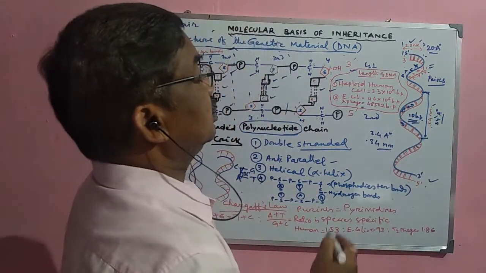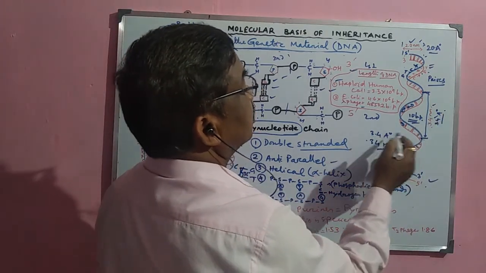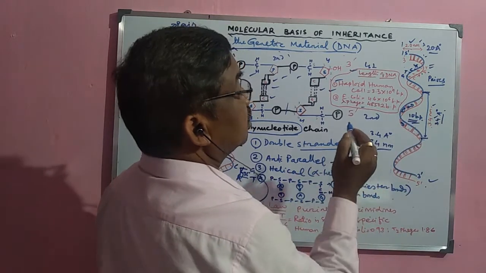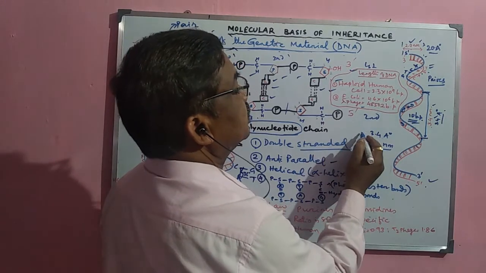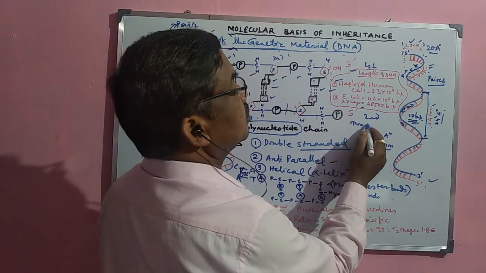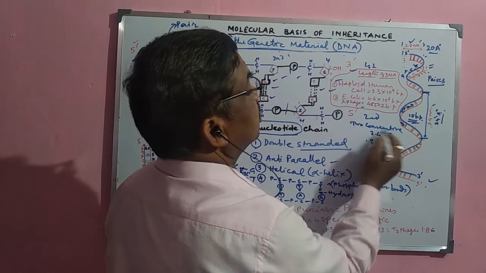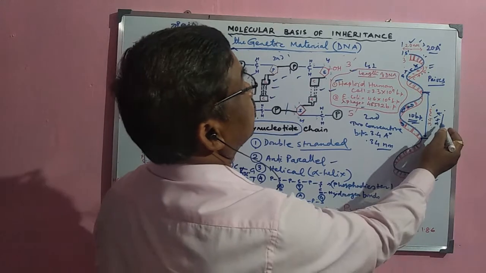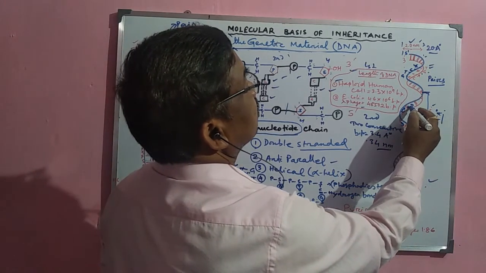So if the length is 34 angstrom and the base pairs are 10 in number, then the distance between two consecutive base pairs is around 3.4 angstrom, sorry, 0.34 nanometer.